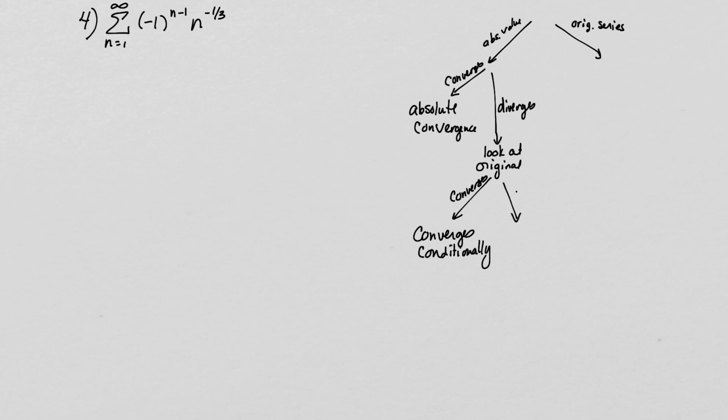And if the original series diverges, then the whole thing diverges. All right, so you could start by looking at the absolute value of the series, and then depending what happens, you might have to do more work. Or you could start by first looking at the original series. If the original series converges, then you have to look at the absolute value.